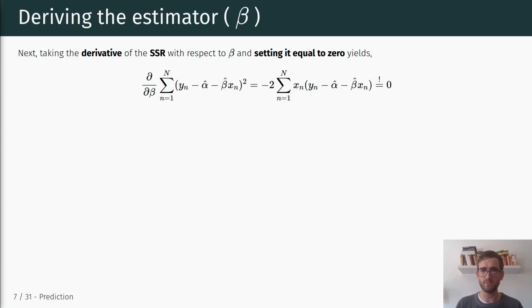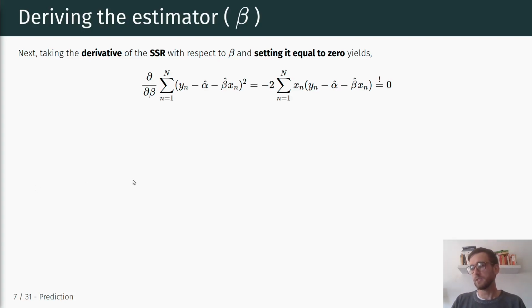The underlying goal, of course, is still that in order to find the minimum of the sum of squared residuals, we have to find values for alpha and beta for which the first derivative is equal to 0, because that's how we find minima for any type of function, really.